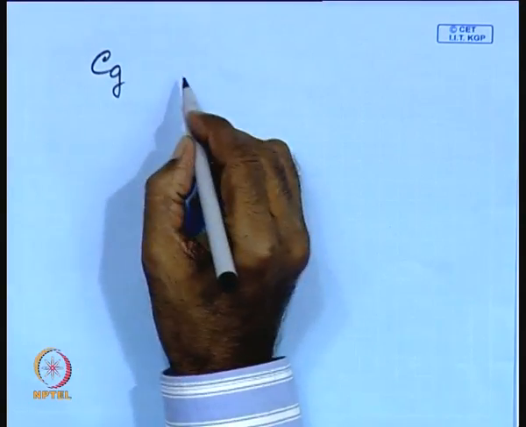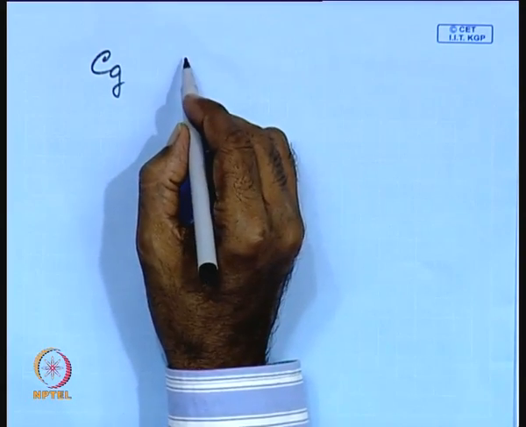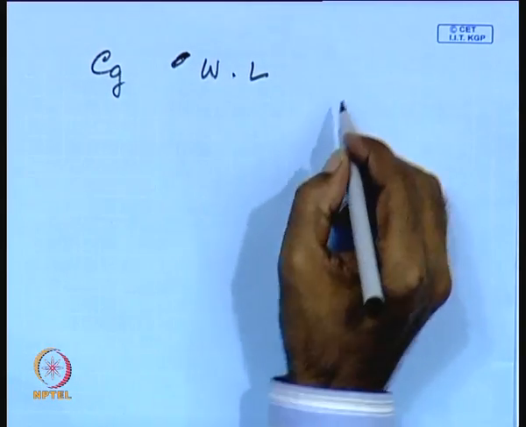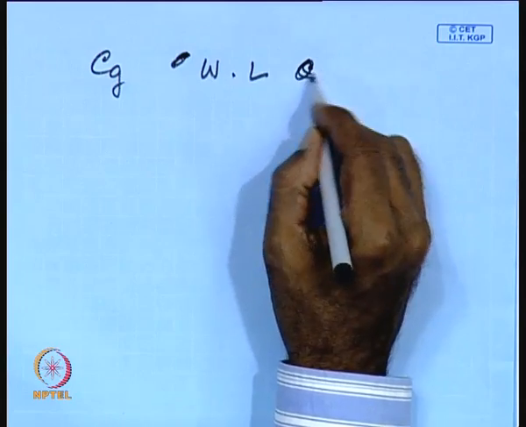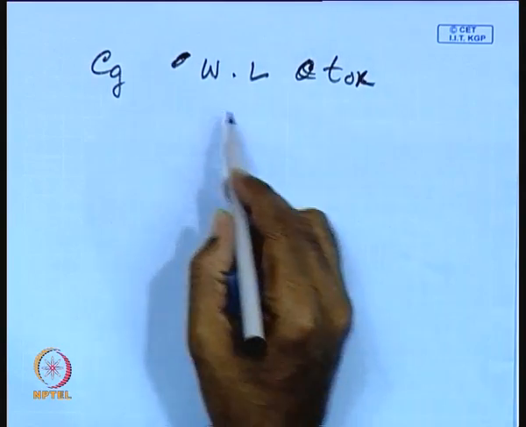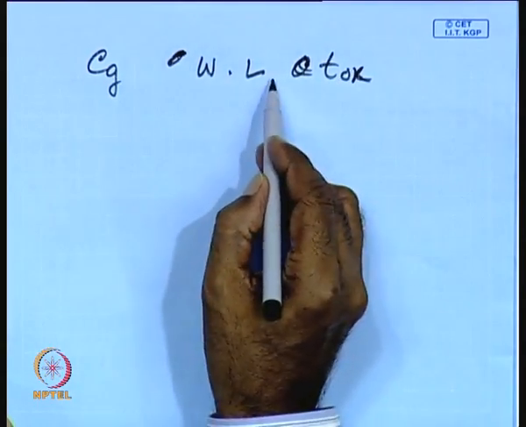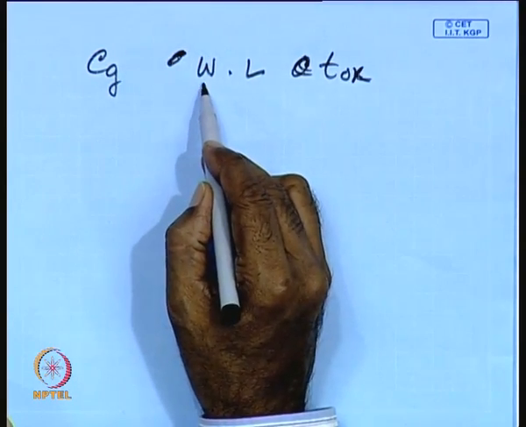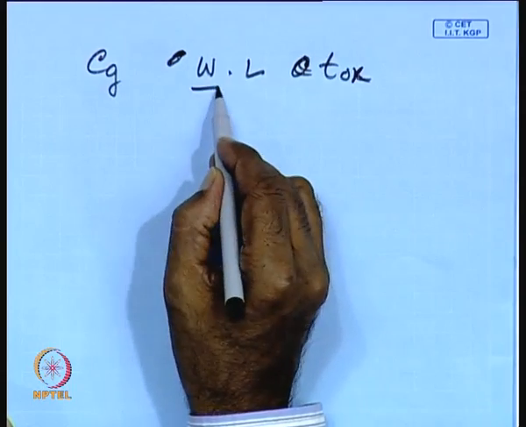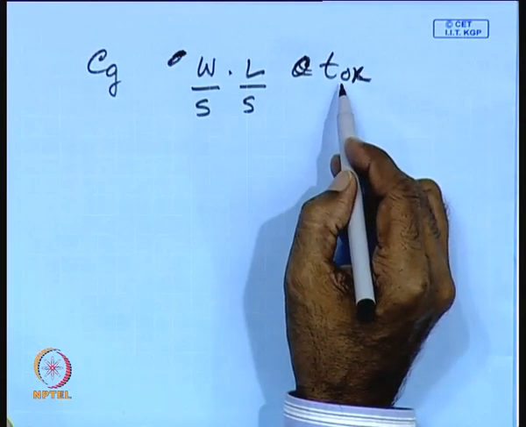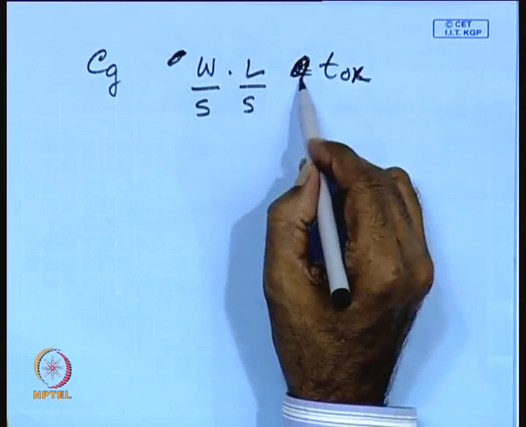The gate capacitance C g is dependent on 3 parameters: W, L and T O x, and actually T O x will influence in a different way than W and L. So, as you reduce W and L, it will be W by S and L by S. On the other hand, as you reduce the silicon dioxide thickness, the capacitance increases.